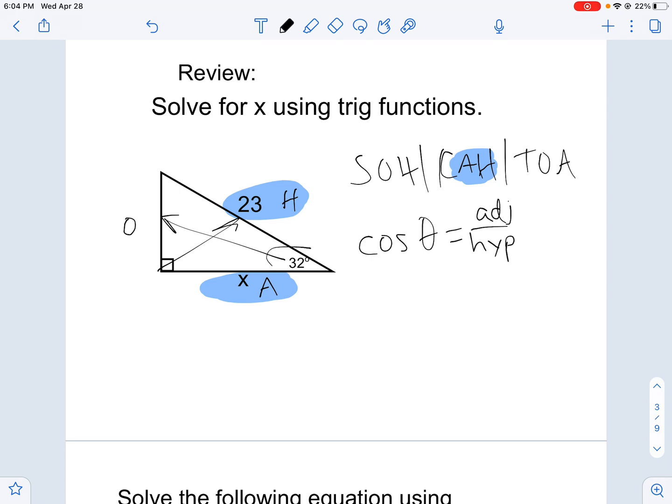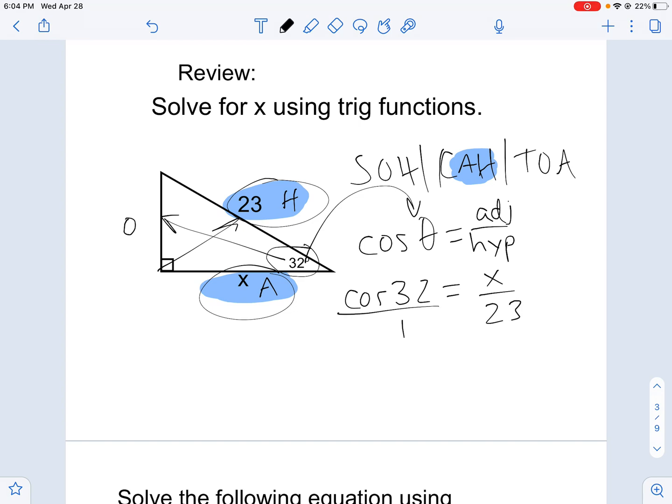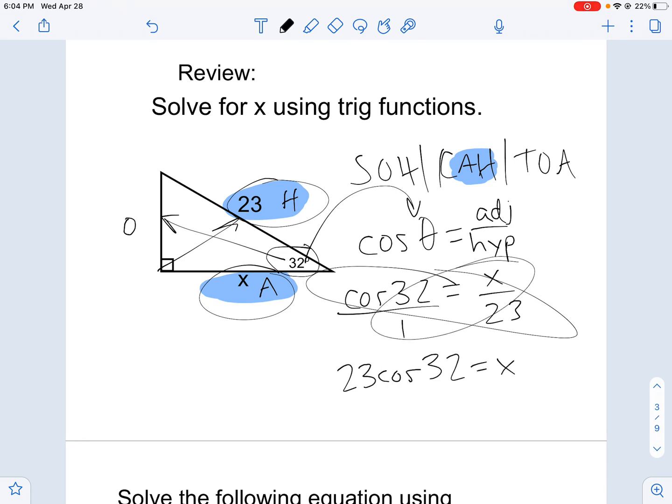Fill in what you know. Our theta is 32. So I get cosine 32 equals adjacent x over hypotenuse 23. We're finding a side, so we cross multiply. 23 cosine 32 equals x. So 23 cosine 32, and I get that is 19.5.